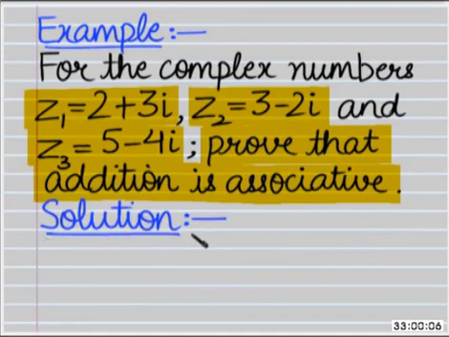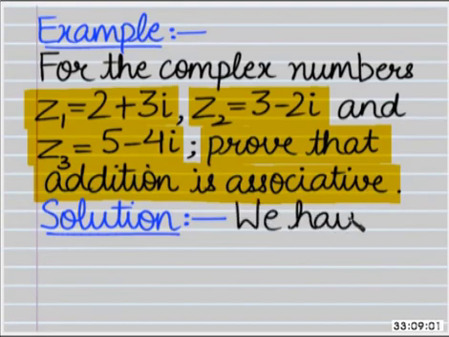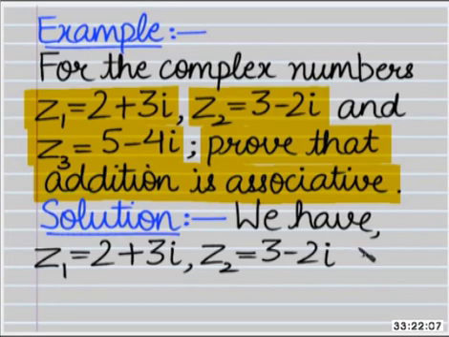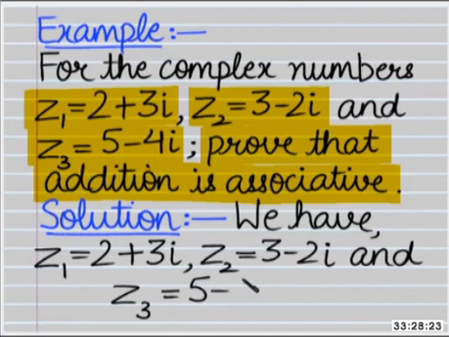Now we will see its solution. Here in the given example we have complex number Z1 is equal to 2 plus 3 iota, complex number Z2 is equal to 3 minus 2 iota and complex number Z3 is equal to 5 minus 4 iota.